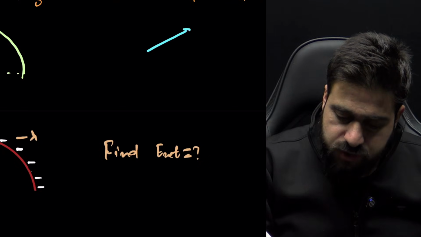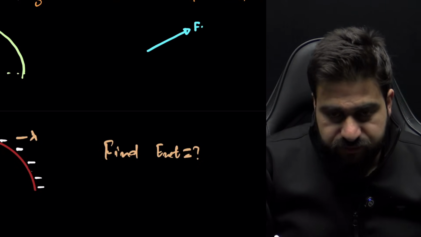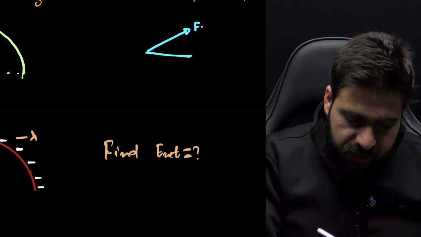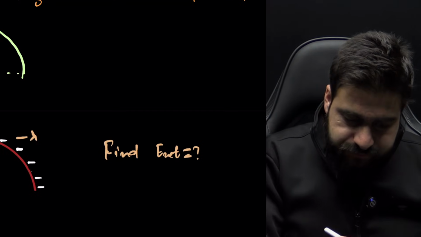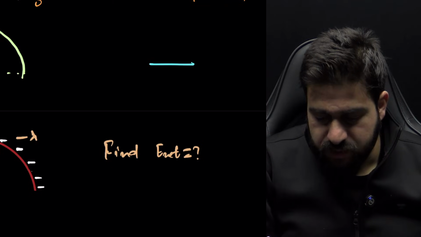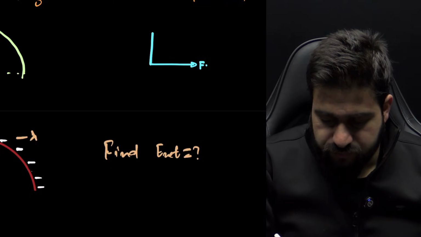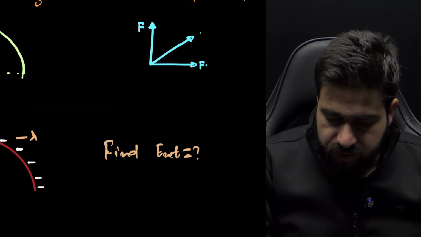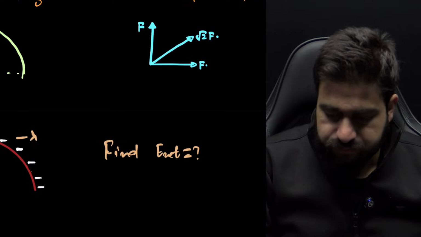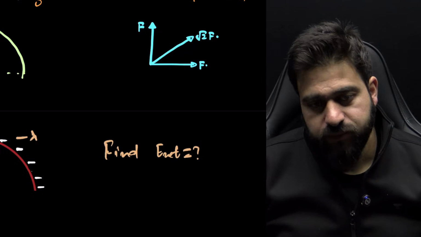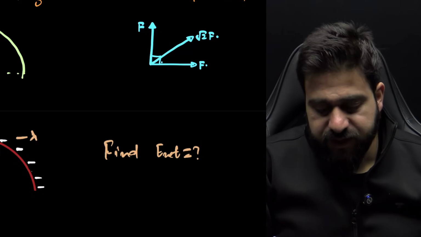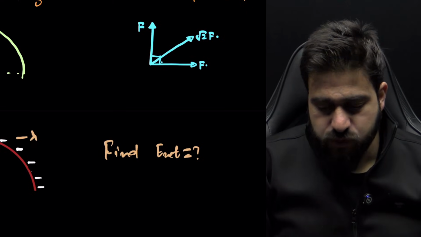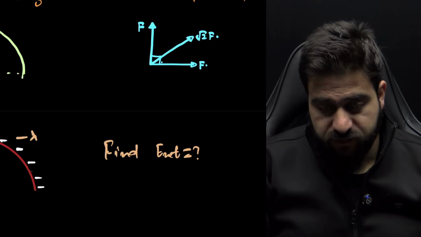Suppose you have force F and force F, we say the resultant of the two will be root 2 of F, because we know at a 90-degree angle between F and F, the resultant will be root 2F.